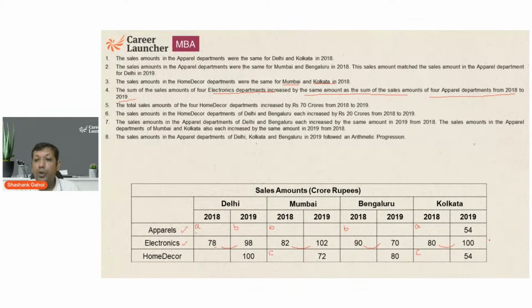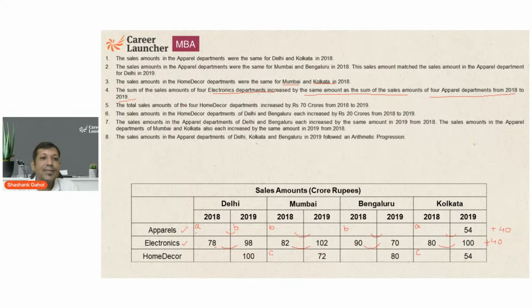So there is overall increase of 40 in electronics department. So in apparels also there should be an increase of 40. Means this increment plus this increment plus this increment plus this increment should be equal to 40. This is what this statement is saying.